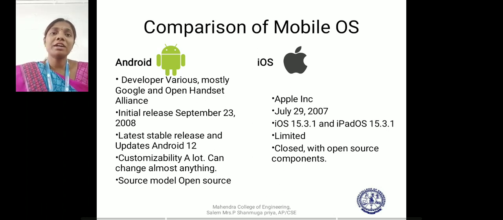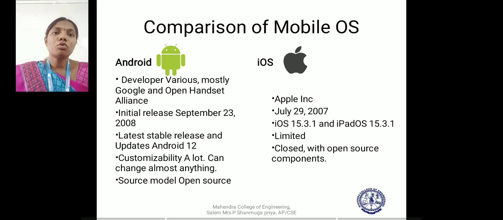This user friendly environment has been created by the Android operating system and the iOS operating system, and all the credit goes to them, because these are the most dominating, most available, most popular operating systems today.